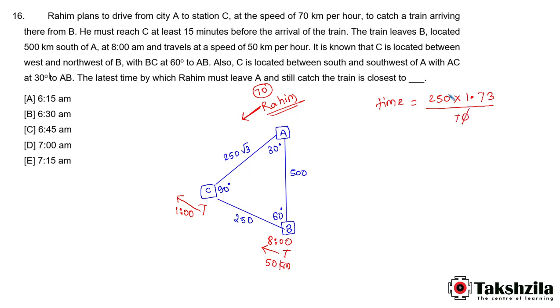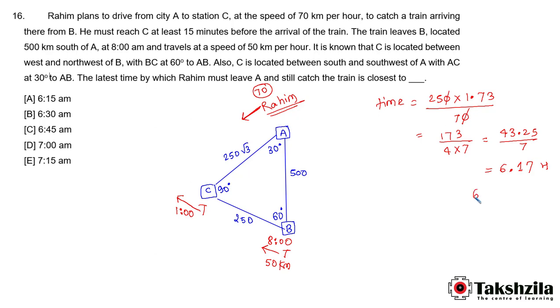So let's solve this further. This is going to be 173 divided by 4 into 7. 4 4s are 16, 4 3s are 12, 0.25 divided by 7, and this is equal to 6 point how much? 7 6s are 42, 7 7s are 49, 6.17 hours.